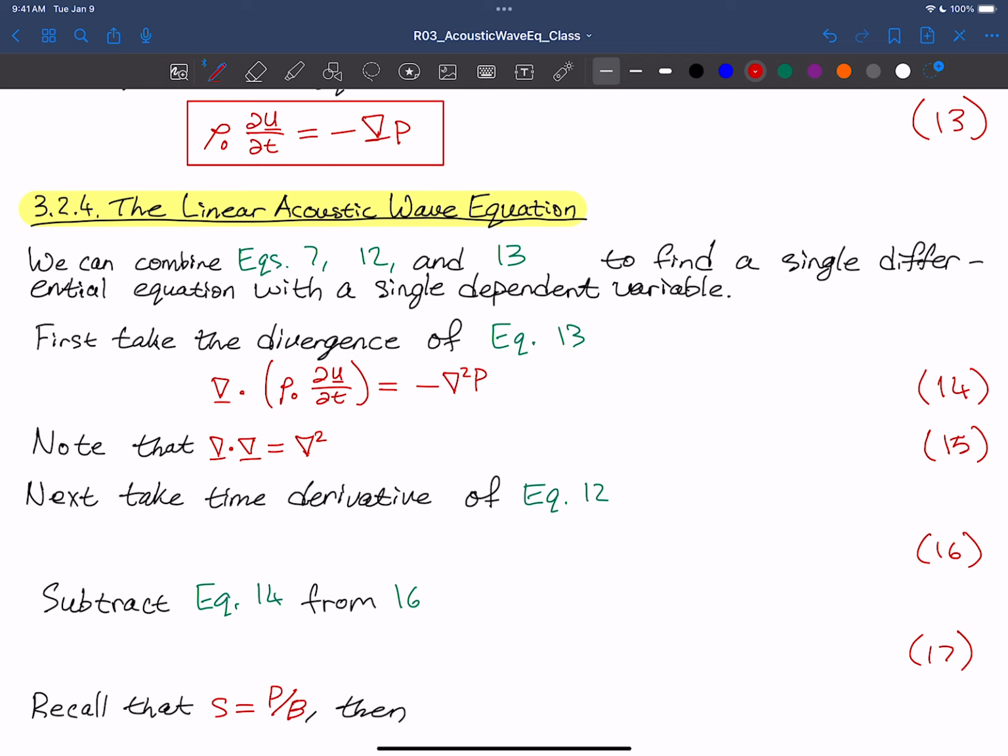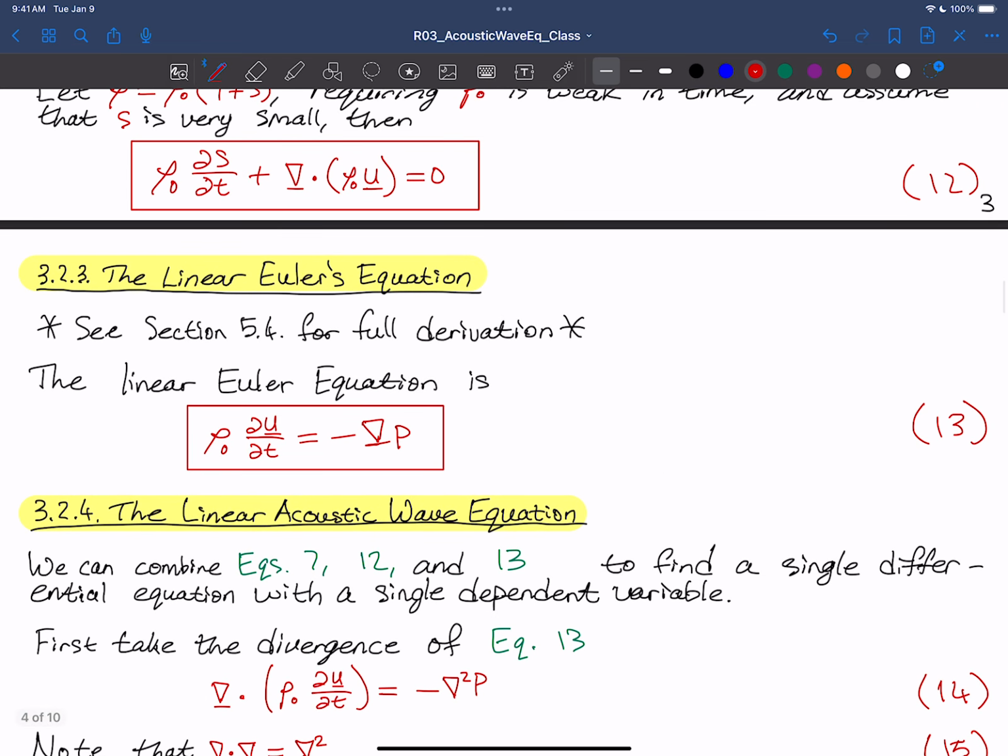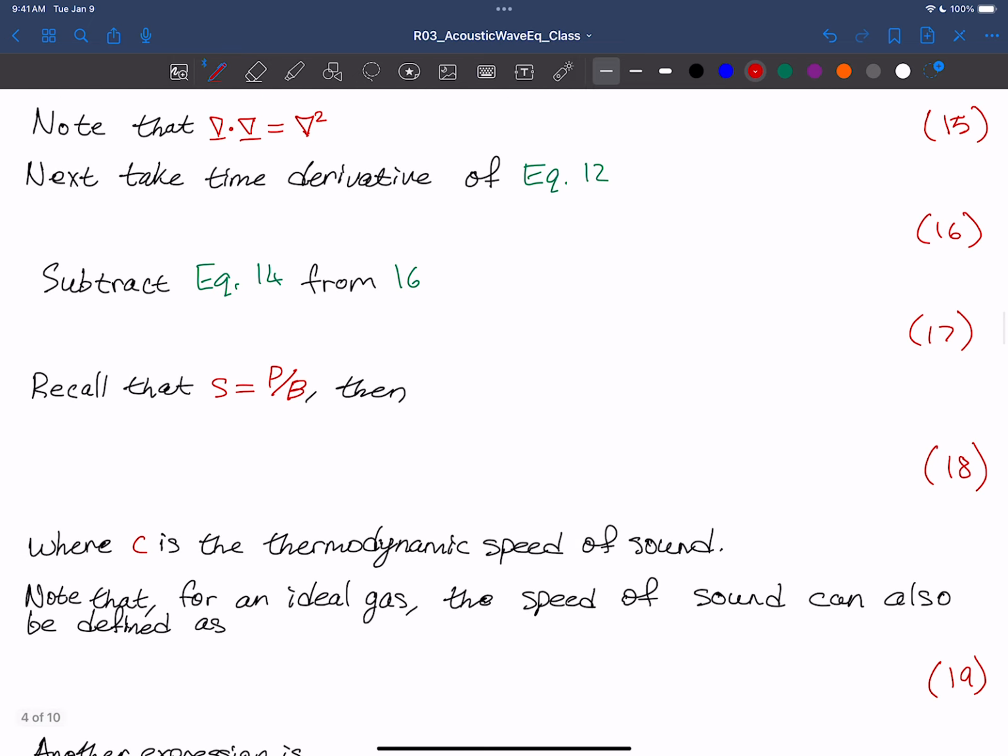From there, we are now going to take the time derivative of equation 12. I'll just briefly scroll up. You can see what it looks like there at the top of the screen. We're going to take the time derivative of that, and we're going to end up with rho 0 times partial squared s over partial t squared plus del dot the quantity rho 0, and so rho 0 here is not dependent on time, times partial u over partial t.